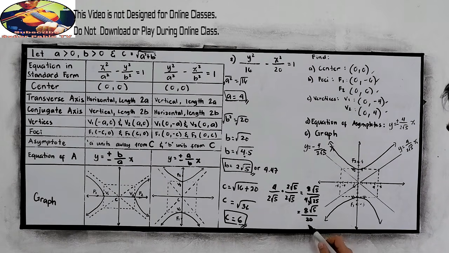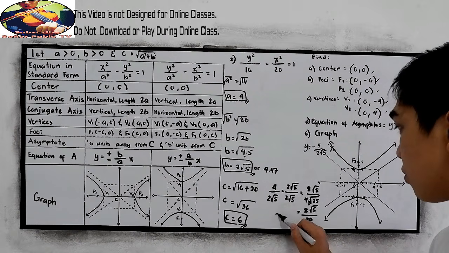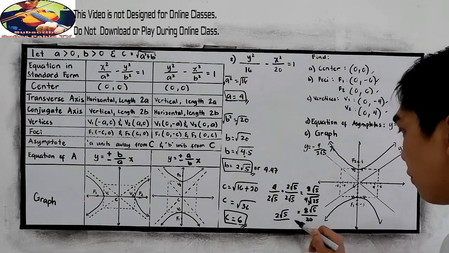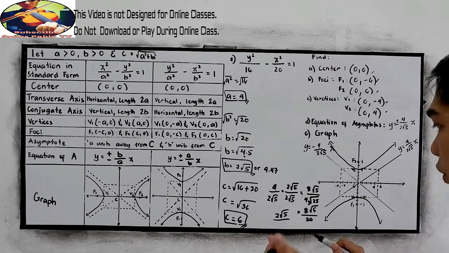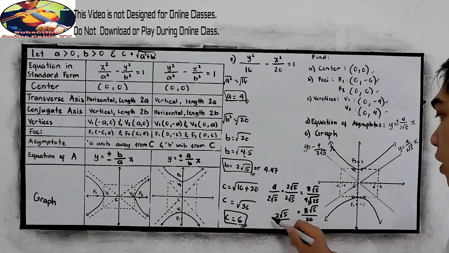Now we have 8 square root of 5 over square root of 25, so 5 times 4, 20. Now reduce to lowest terms. This is divisible by 4, so 2 square root of 5 over 5.